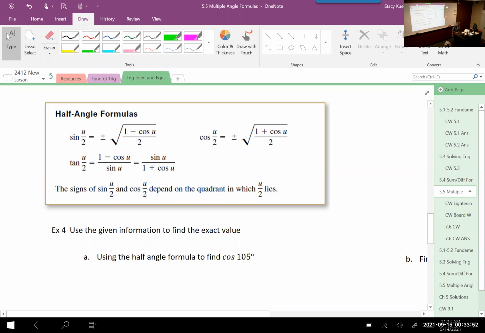For this one, you'll notice that tangent is the one that has 2 different variations. I personally like the first tangent, this one here, if I can help it, because I like to have a single number in the denominator. But that's just a personal preference.